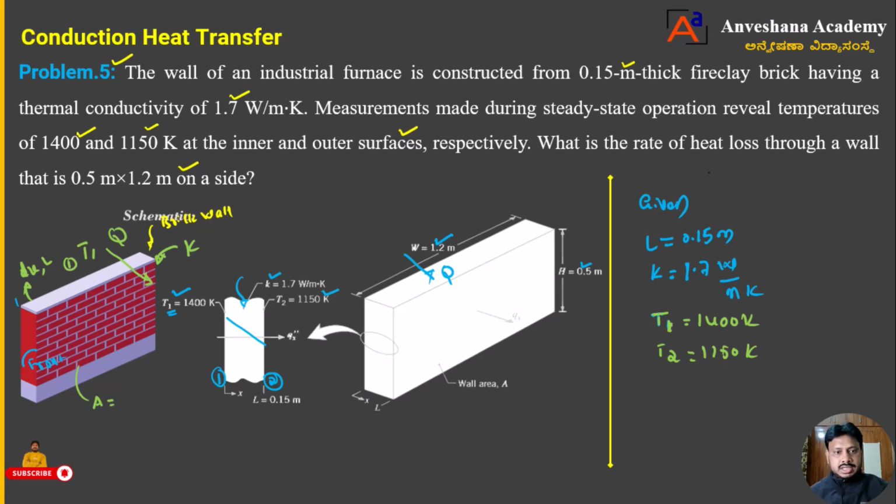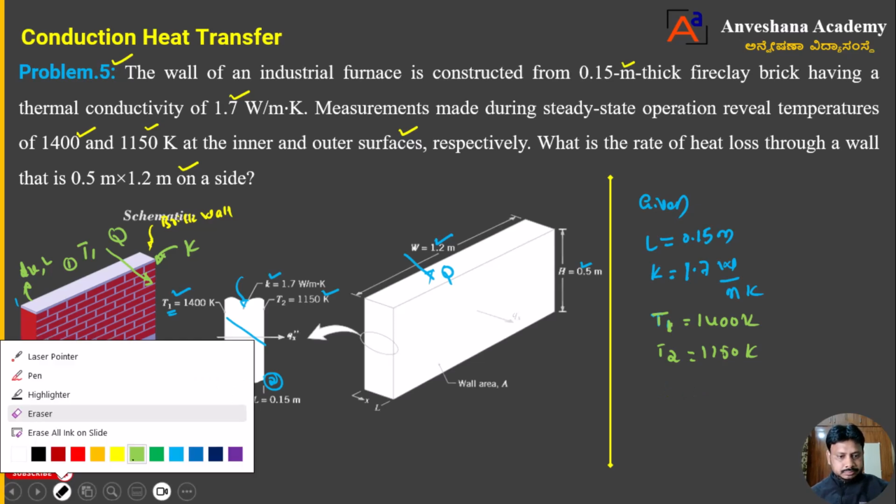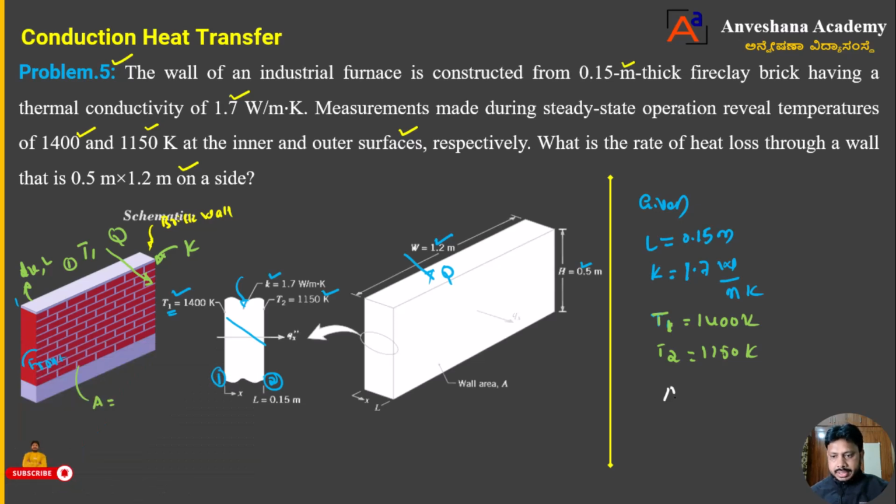What is the rate of heat transfer through an area? That area also he has given. Area is equal to 0.5 meter into 1.2 meter. What will be the answer?